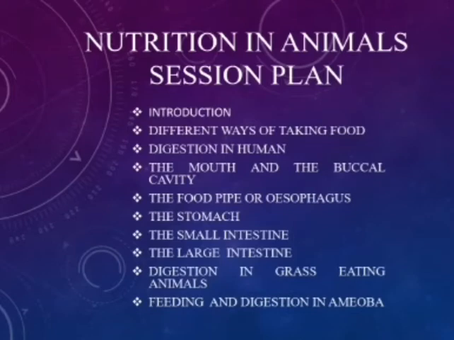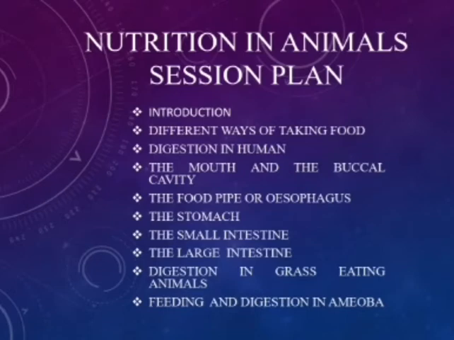Okay. First, introduction. All living things need nutrition. Nutrition provides energy. Plants make their food by the process of photosynthesis, because they prepare their food on their own. But animals cannot make their food themselves.